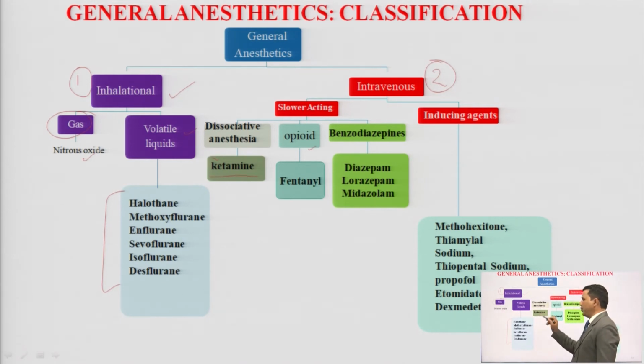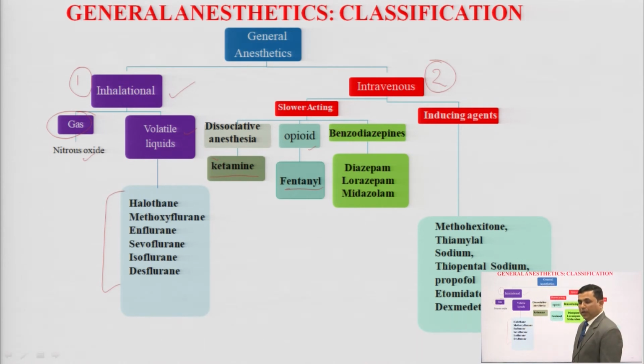The well known example of dissociative anesthesia is ketamine. Among the opioid analgesics used as intravenous anesthetics, we can use fentanyl. The benzodiazepines are lorazepam, diazepam, and midazolam.